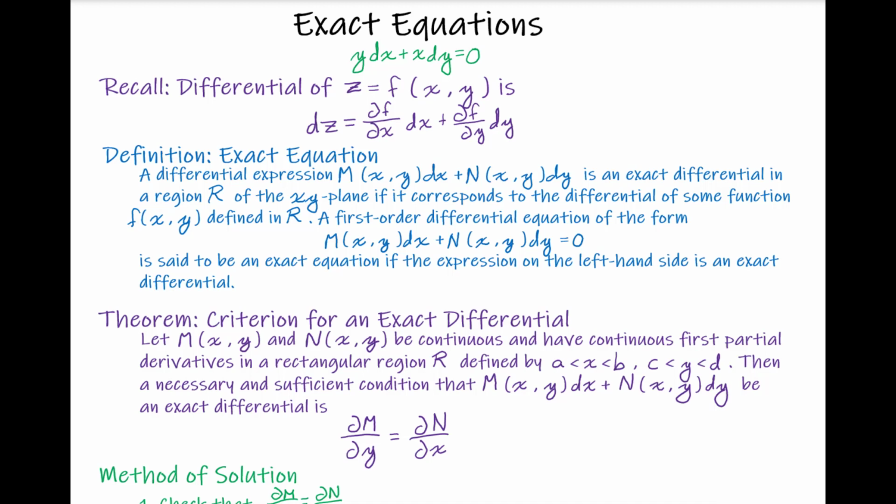So we're first going to recall that the differential of z equals f of x, y is dz equals the partial derivative with respect to x dx plus the partial derivative with respect to y dy. Now, if you haven't had Calculus 3, multivariable calculus, you might not be familiar with this partial derivative notation.